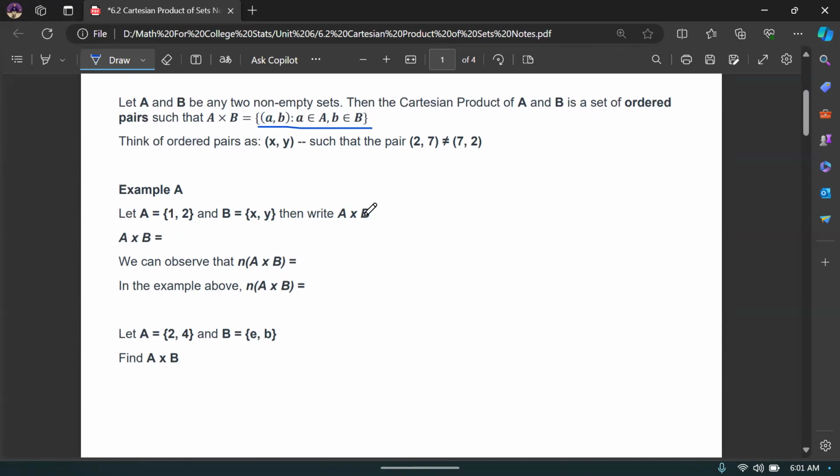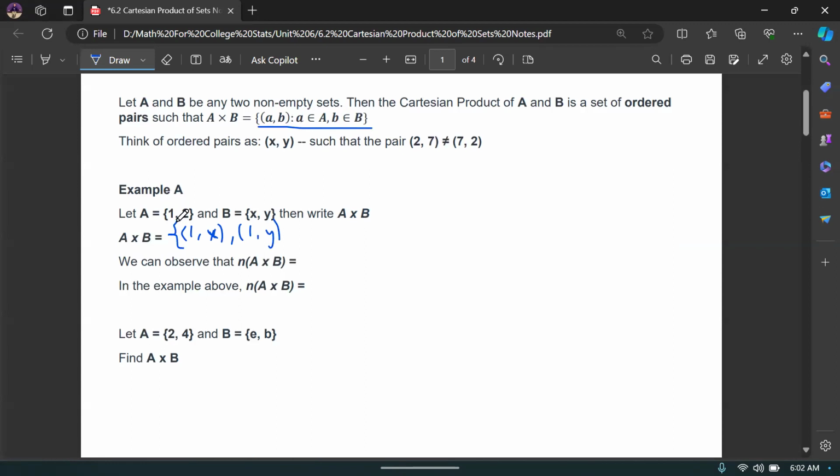So A times B would be like this. We're going to use these brackets because that's how you write a set. But we're going to have each element of A. So for example, start with the 1, right? We're going to have 1, and then with the element of B, X. So (1, X) would be one of the ordered pairs. Then we'll have (1, Y).